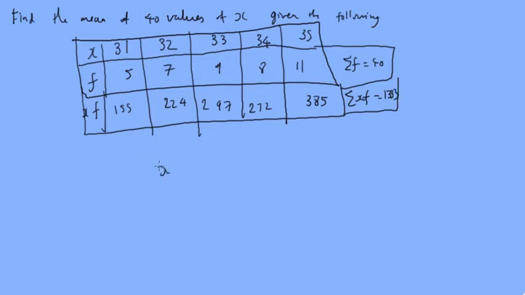Therefore the mean is equal to the sum of the data values over the sum of the frequencies, which is 1,333 over 40, which is 33.325.